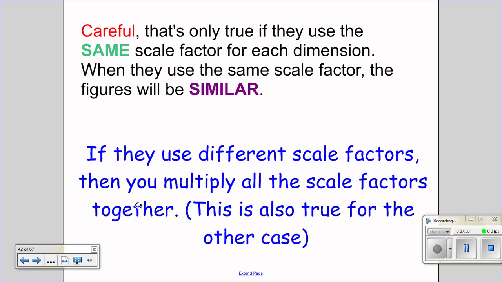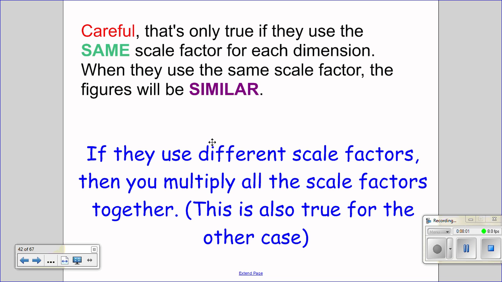Now, this is only true, that slide where I gave you all those rules, if the scale factor for each dimension is the same. And when it is the same, we would say that the figures are similar figures.